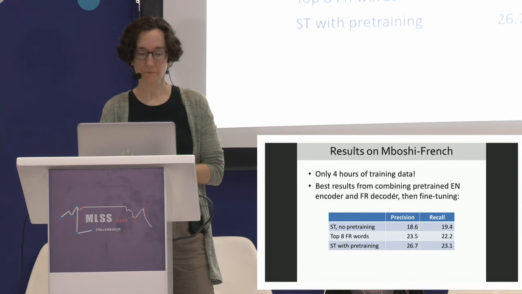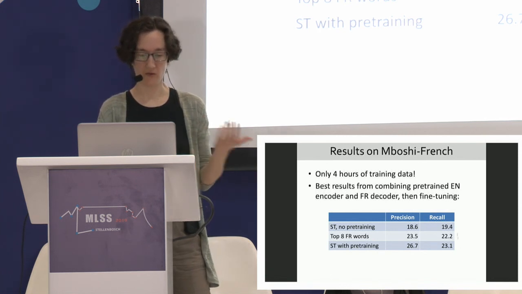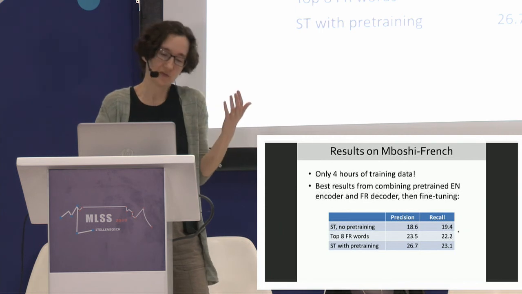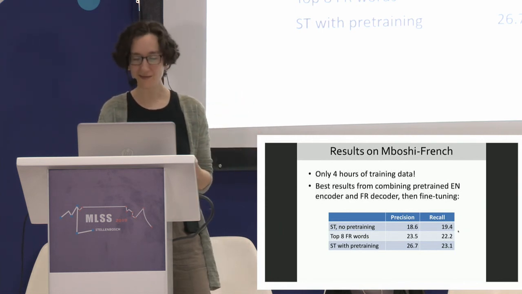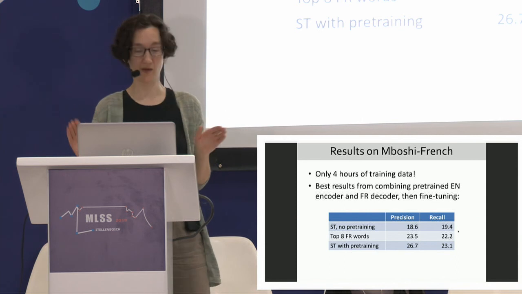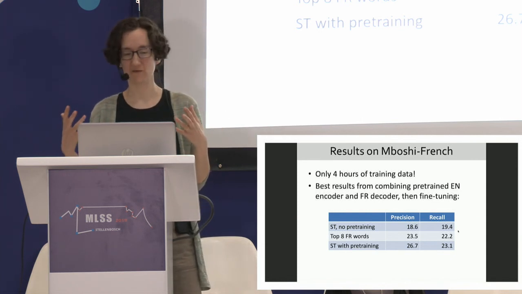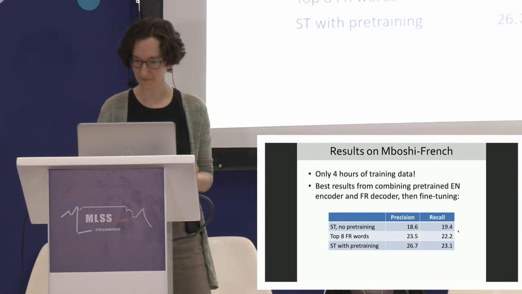So that is clearly working a lot better than the model with no pre-training. I would assume that if we had more than 4 hours of data, all of these numbers would go up a lot. And it's also doing better than this baseline, which is just predict the top 8 French words, although clearly not a huge amount better, right? So this is clearly, 4 hours of data is pretty much pushing the boundaries.